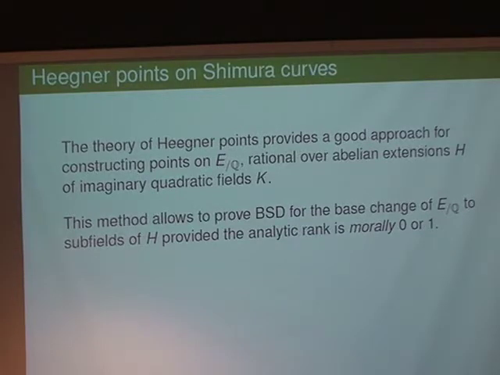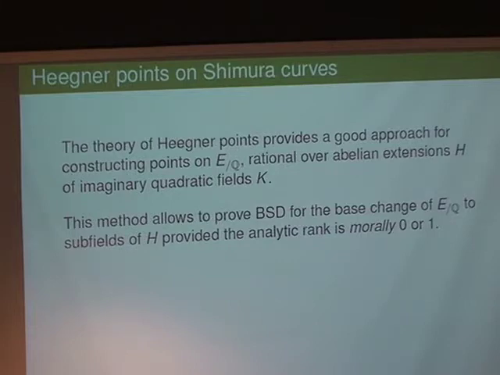And now take any subfield H of any of these ring class fields, and if the L-function of E over H breaks into a product of L-functions, and for each of these factors the order of vanishing is 0 or 1, then you can apply the same methods and prove the BSD conjecture for this elliptic curve base changed to H.